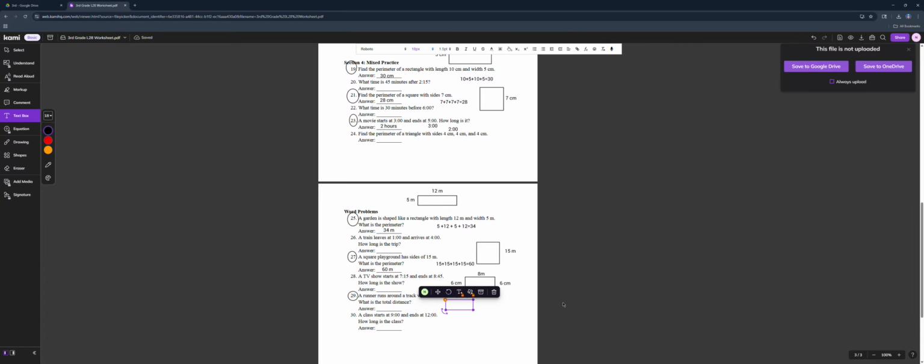So this will just be 6 plus 8 plus 6 plus 8, and 6 plus 8 is equal to 14, and then 14 plus 14, that equals 28. The total distance of this track is 28. Why did I write cm? It will be 28 meters. So yeah, it will be 28 meters, the total distance.